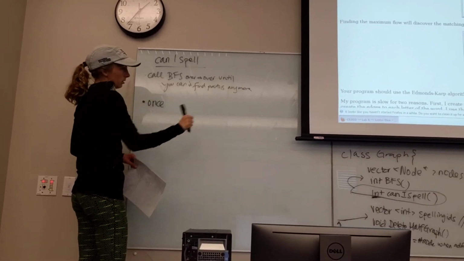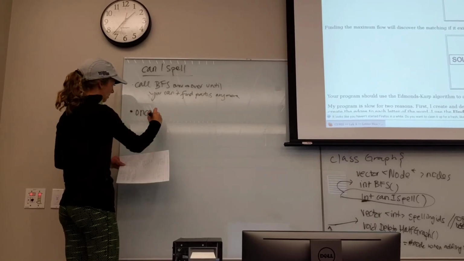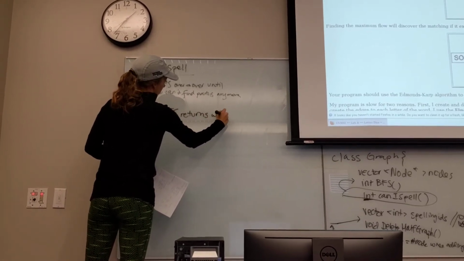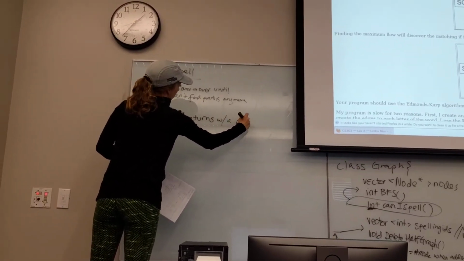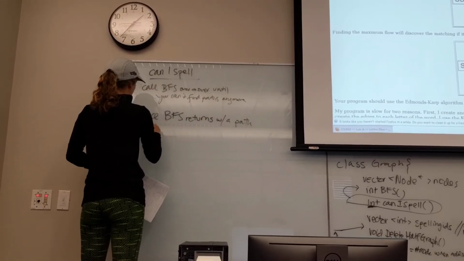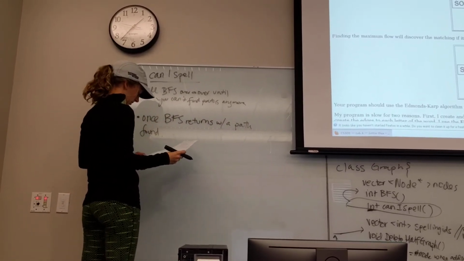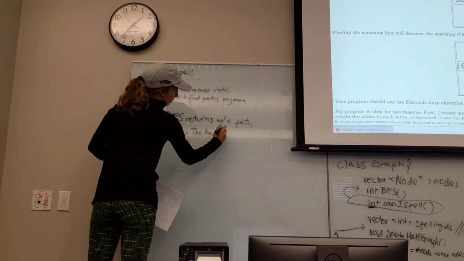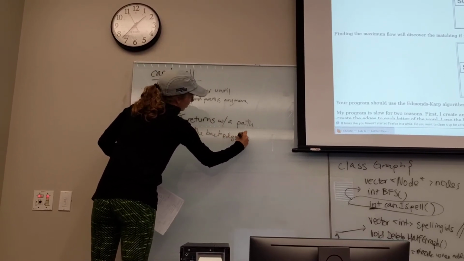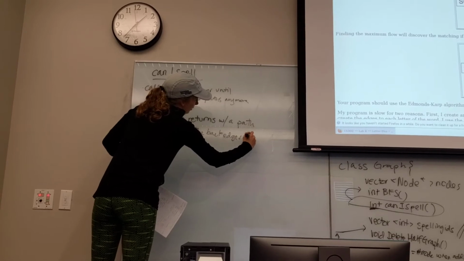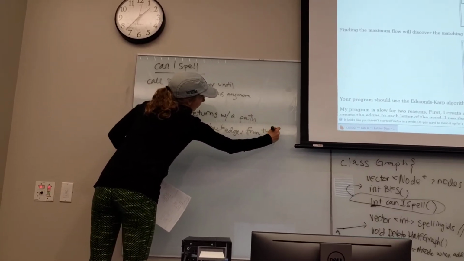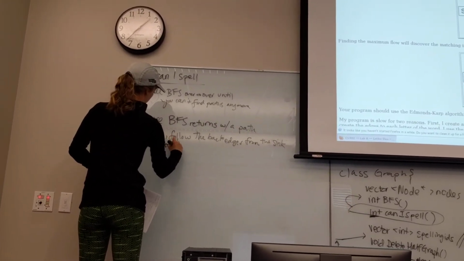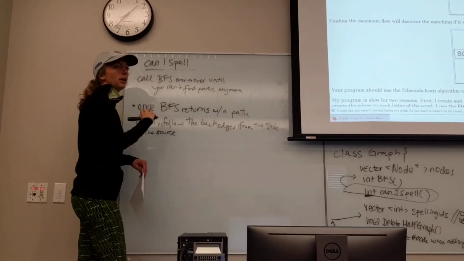And we're going to change all these values over here. Once breadth first search returns with a path found, follow the back edges from the sink to the source. So again, the back edges will be set in breadth first search.